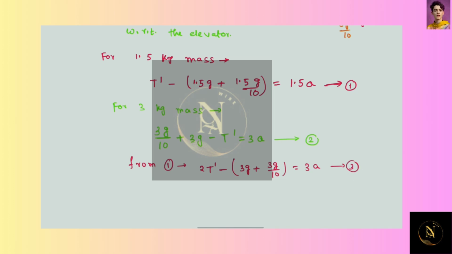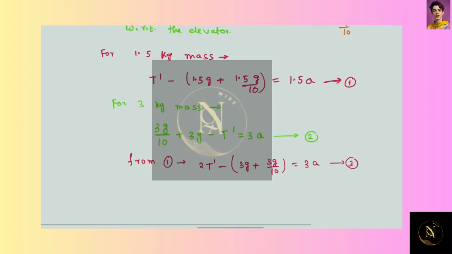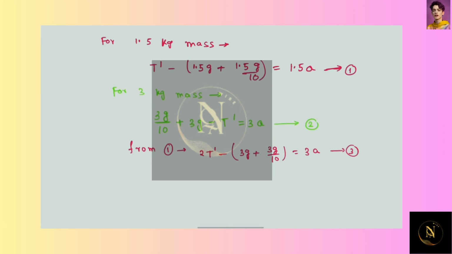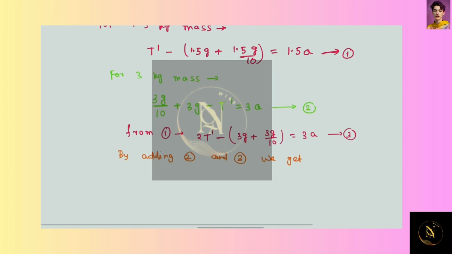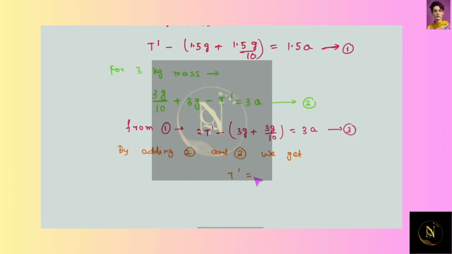Now by adding 2 and 3, we get T prime equals 6a. Okay, we got T prime equals 6a. Very important information we got. Let's say this is my equation number 4.